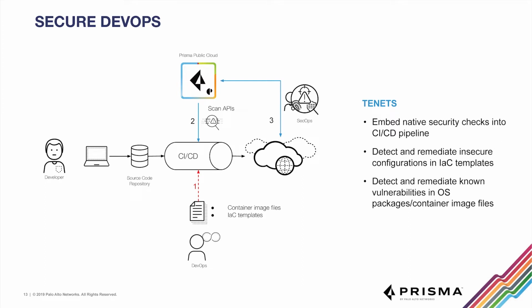Let's drill this a little bit further down into the secure DevOps environment. Already mentioned multiple times now. In this scenario, we have the developer. The developer is checking in his code into the repository, and then our game begins. So our Prisma Public Cloud, that's how the product is named, is integrating into this environment. We are recognizing some activity is going on, and from there, we are checking what's in there. So we can go for cloud-native security checks. We can go for detections or remediations of insecure components of this environment.